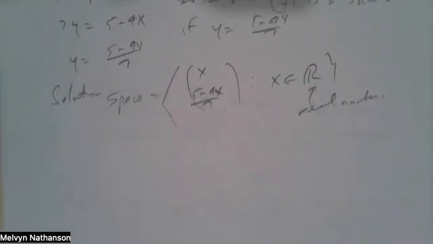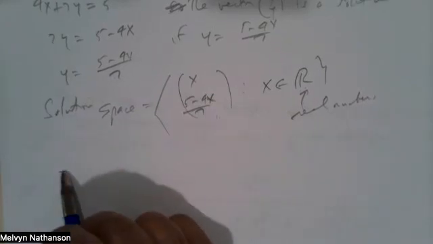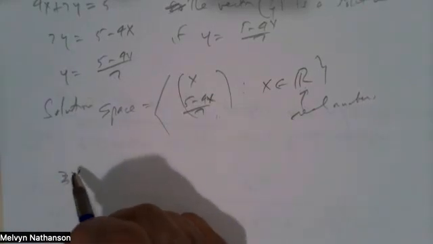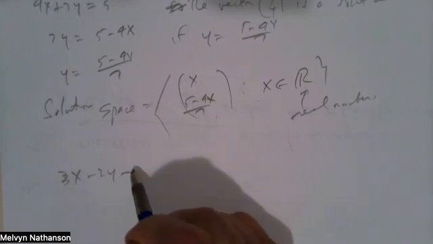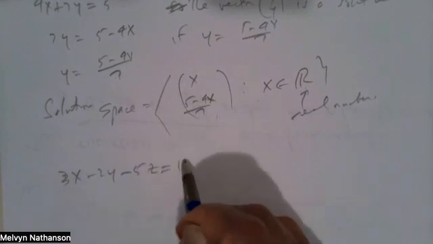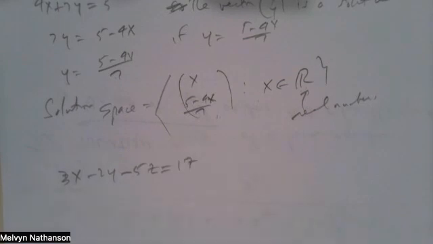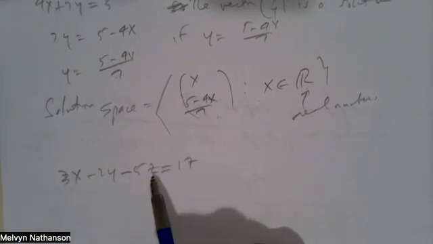Suppose we take an equation in 3 variables. 3x minus 2y minus 5z equals 17. I can go about finding the solution space by solving for any of the variables. Suppose I want to solve for the variable z.